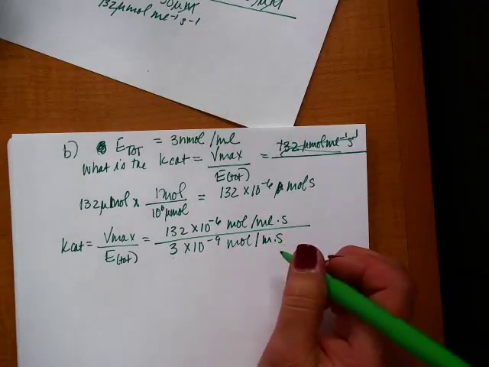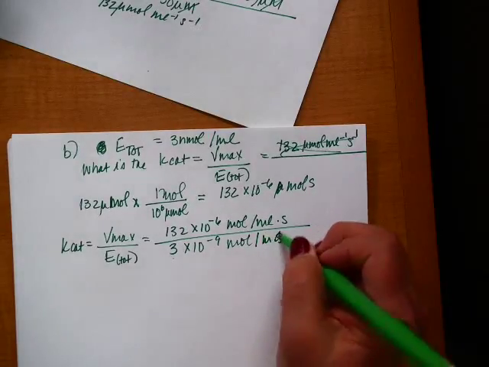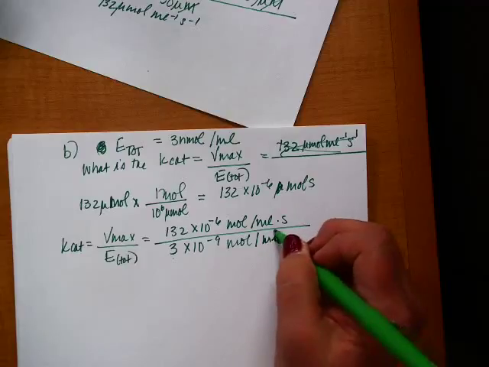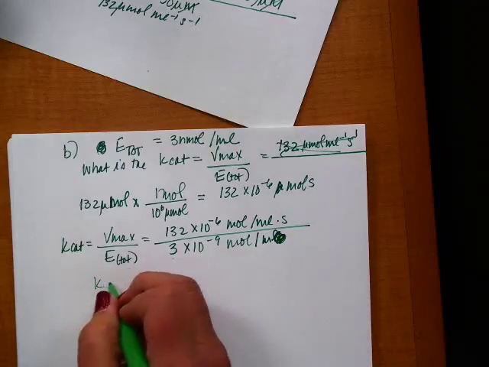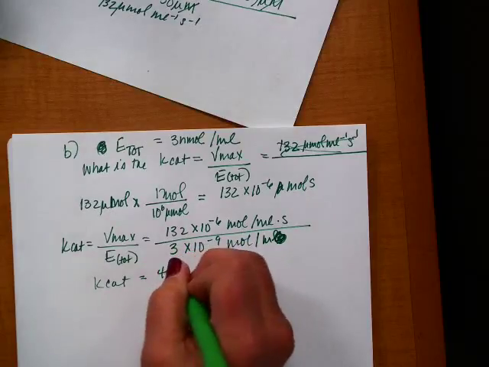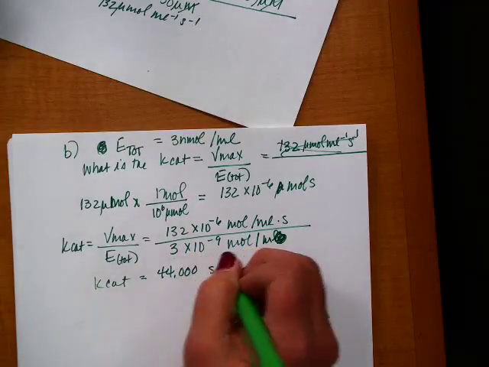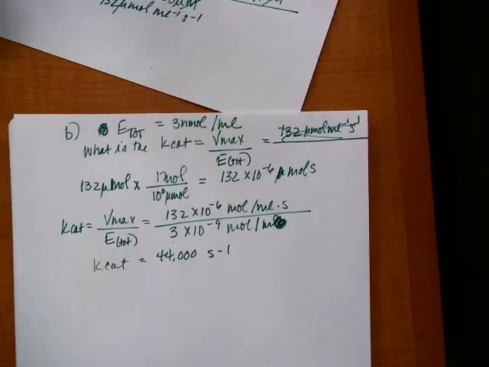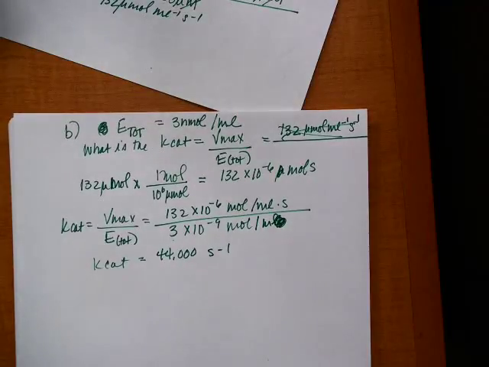So my Kcat is 44,000 s to the minus 1. That is great turnover.